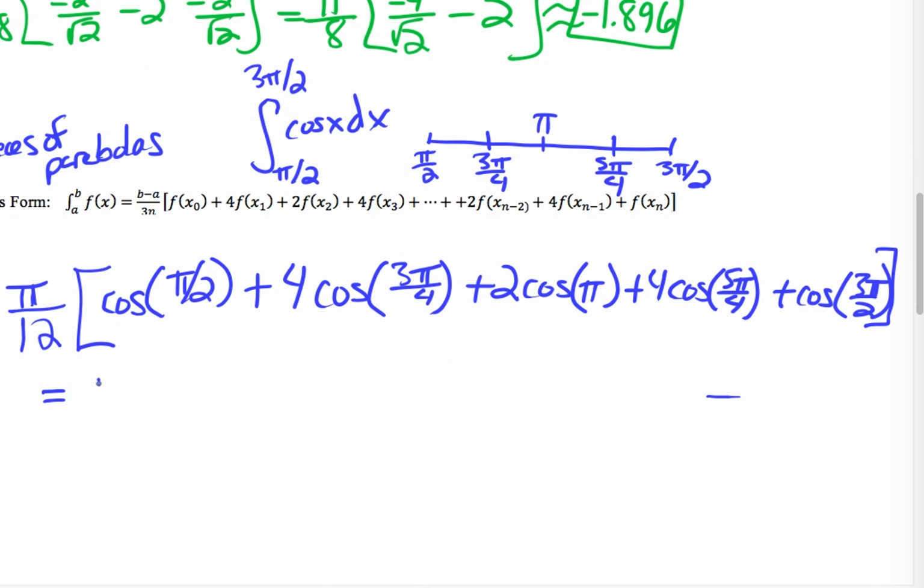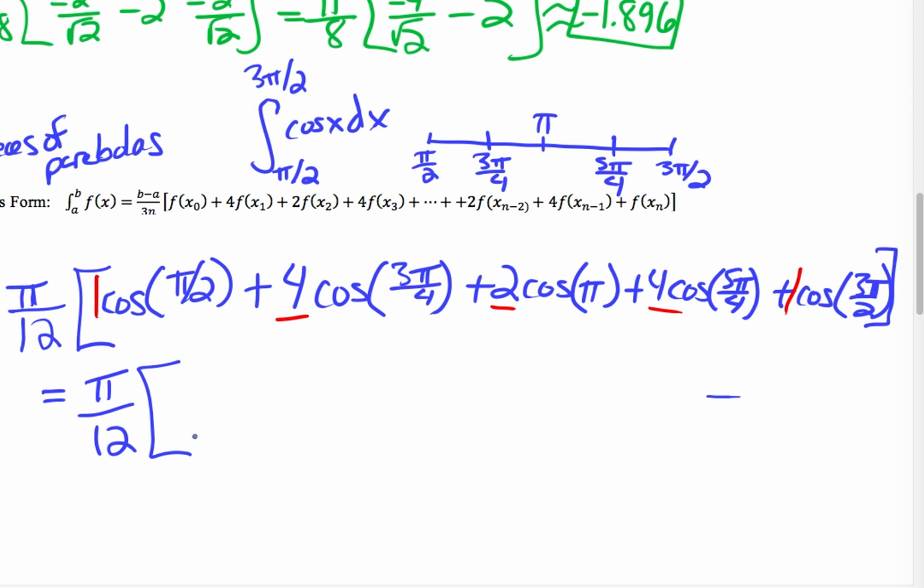So let's see, that's going to be pi over 12. And I think we just did these unit circle computations a second ago. So really, these 1, 4, 2, 4, 1 are just different weights on the same numbers that we had a second ago. It's really interesting how these different node methods relate to one another.